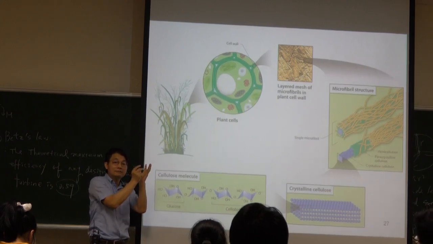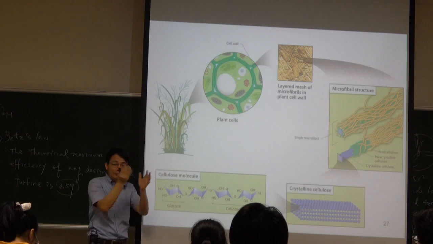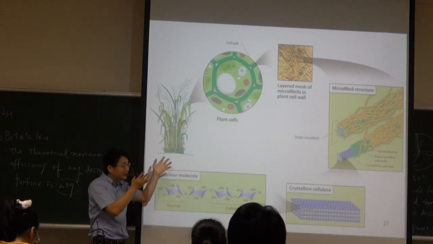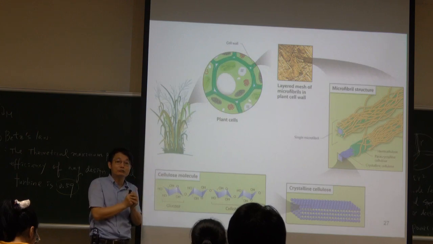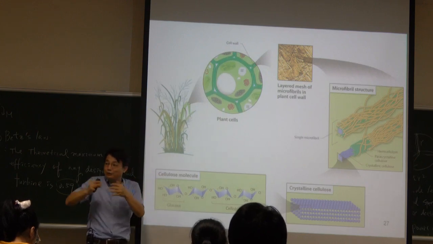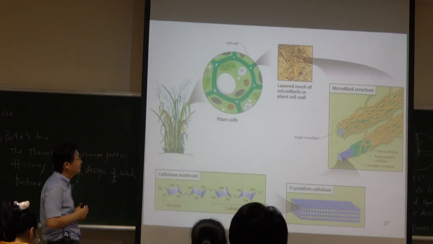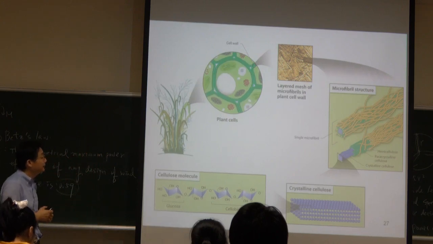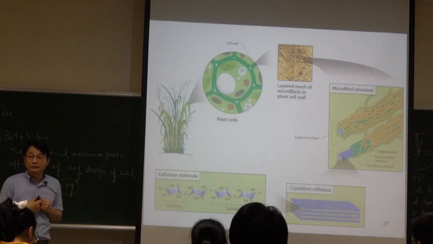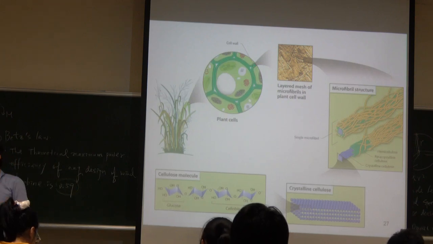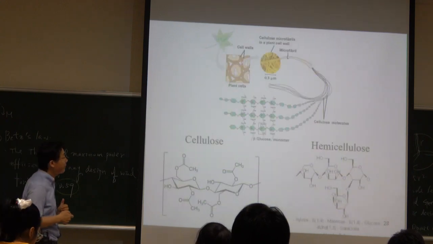So you cut the plant to produce the gas, but the plant can absorb the CO2. So it is a trade-off. We still have to understand in much more detail which one will be more eco-friendly for the environment.